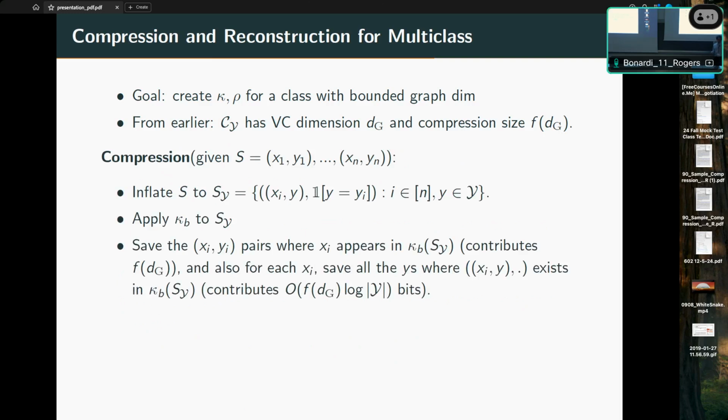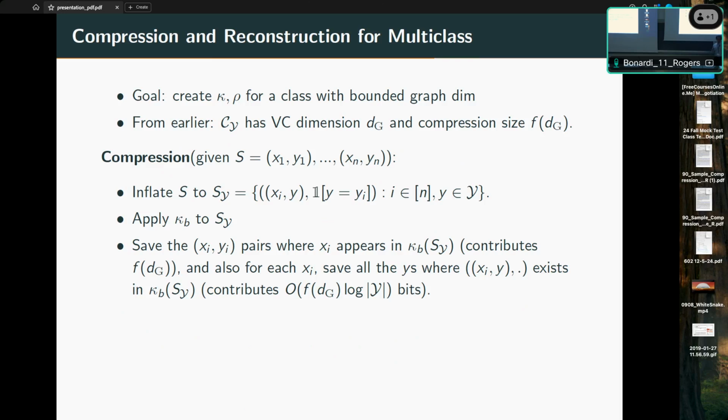Given our data set on n points, we can inflate it, basically inflate all the x, y pairs, and the label is 1 whenever C(x) is equal to y, 0 otherwise. And then we can apply the binary compression scheme onto the set. We know from earlier this has size f of graph dimension, but we want to encode it using our multi-class data set.